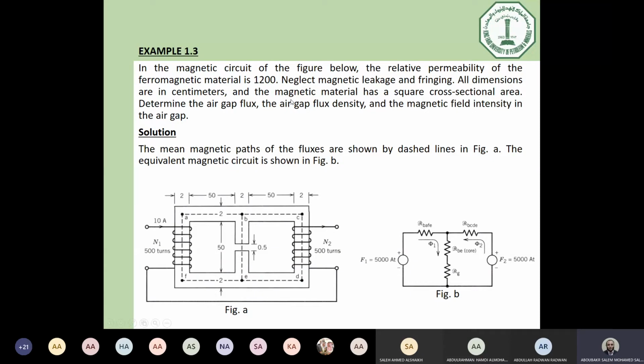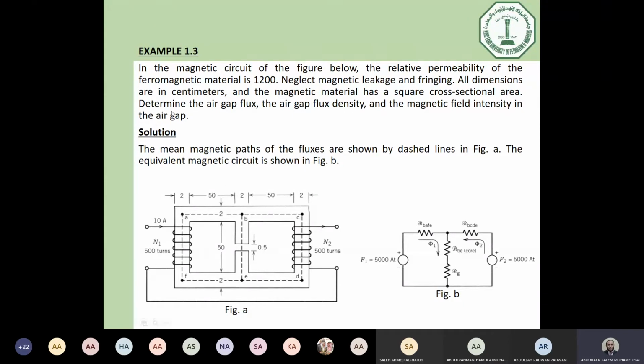And the magnetic material has a square cross-sectional area. So if you have this dimension here of this length of 2 centimeters, this means we have depth also of 2 centimeters. So the cross-sectional area here will be 2 by 2 centimeters, so it's 4 square centimeters.